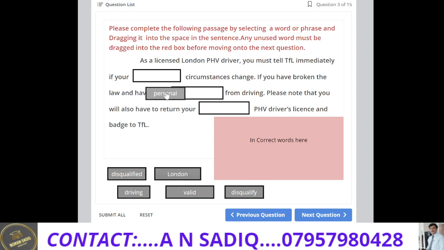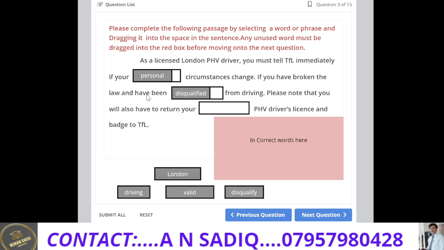So definitely here it will come that if your personal circumstances change, if you have broken the law and have been, it is actually the passive voice, and here there should be the third form. So it should be either disqualified or disqualify. Disqualify is not a third form. Disqualified is a third form. Disqualify is the first form.